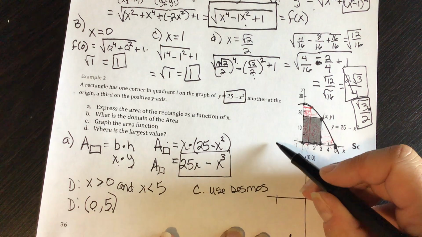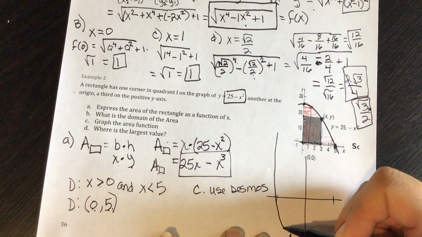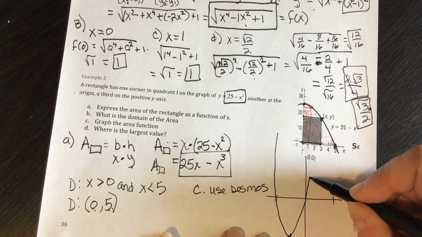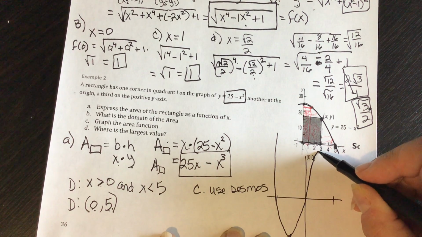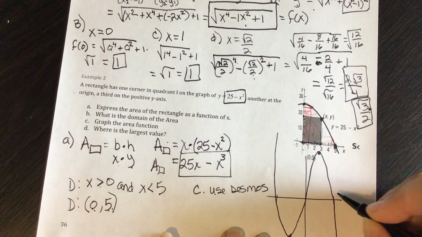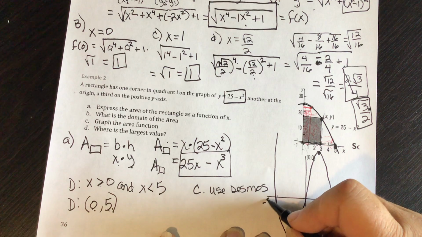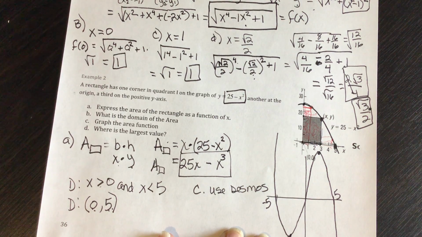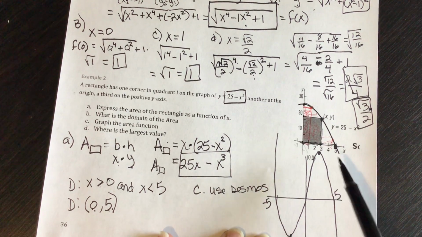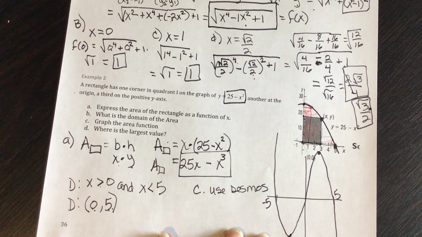Here is a minimum value, so it's going to come down like this. Then it's going to come up, go through the origin, and it's going to hit some maximum value up here, and then come back down. And this is the point (5, 0), this is the point (-5, 0). So this is what my graph on Desmos would look like.